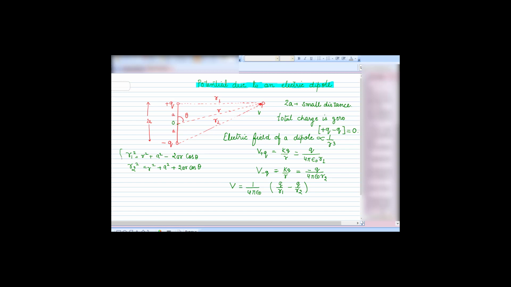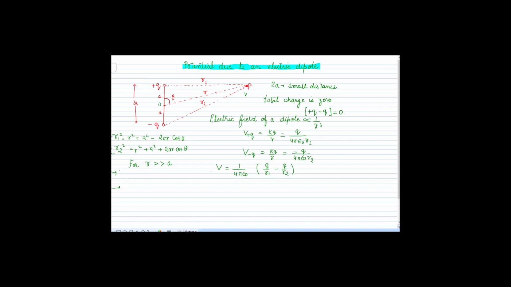And these are the two equations we have written for the distances, and from here we can write down r1 square is equal to r square, we can take as common, and we are left with 1 minus 2a cos theta upon r, because r square is common, and the last term will be plus a square upon r square.